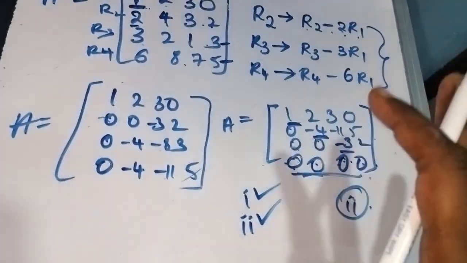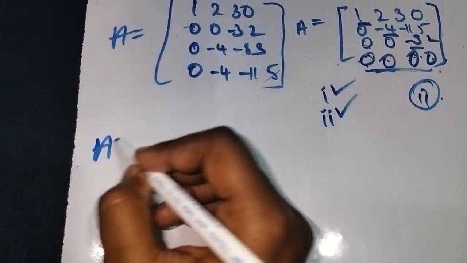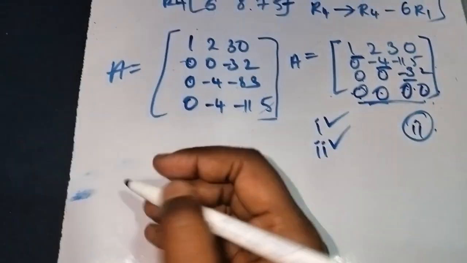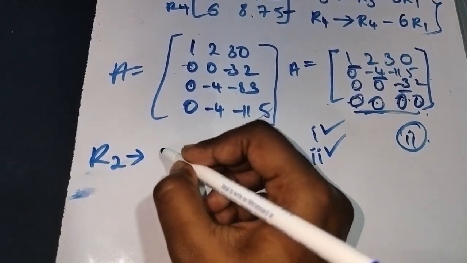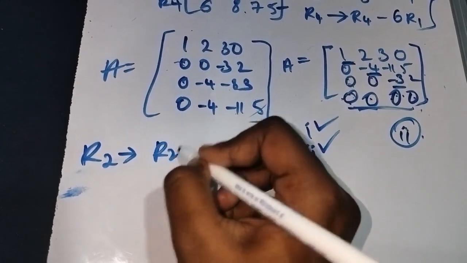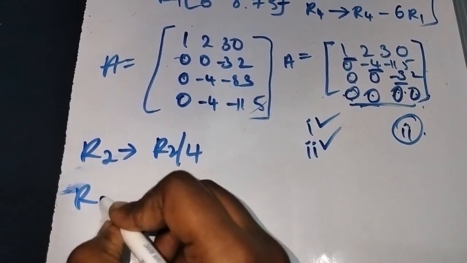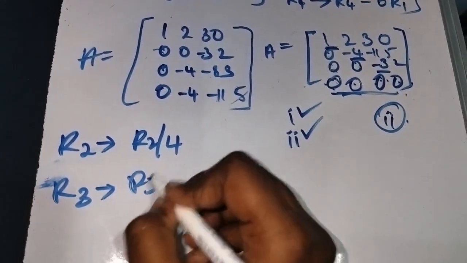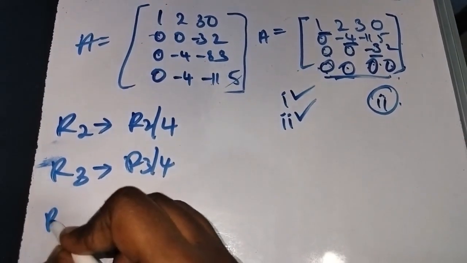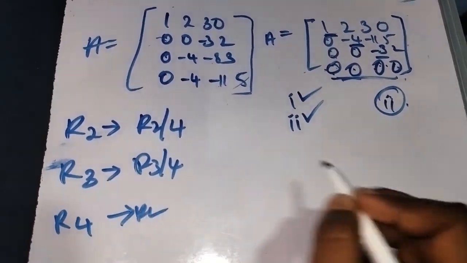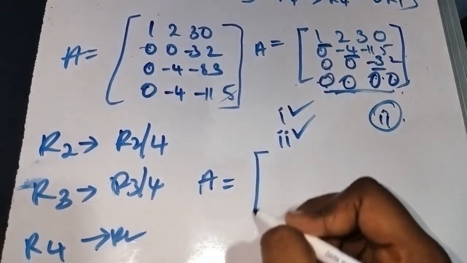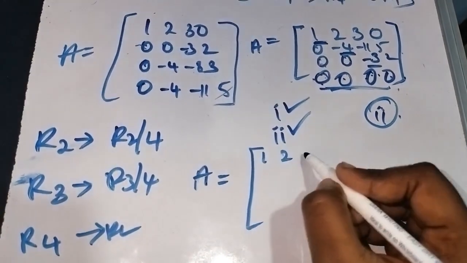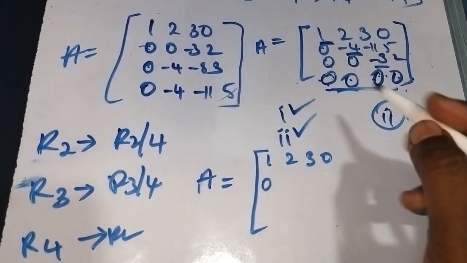Let's make the value 1 at the first non-zero entry like this. Now let's take R2 equals R2 by 4, R3 equals R3 by 4, and R4 as it is. Now we get the answer. So A equals 1 2 3 0, 0.